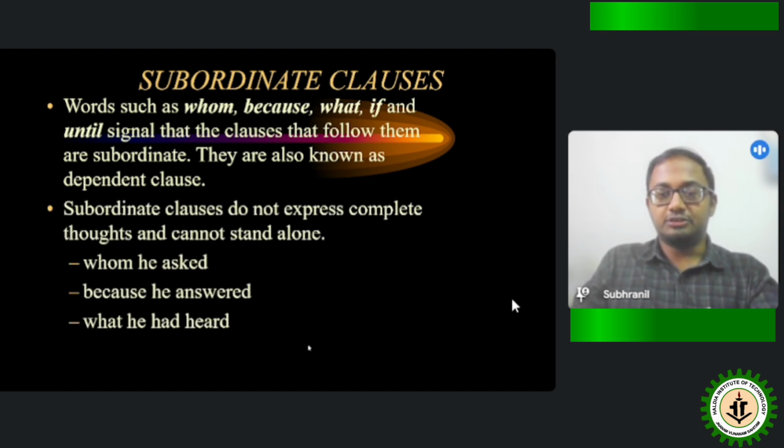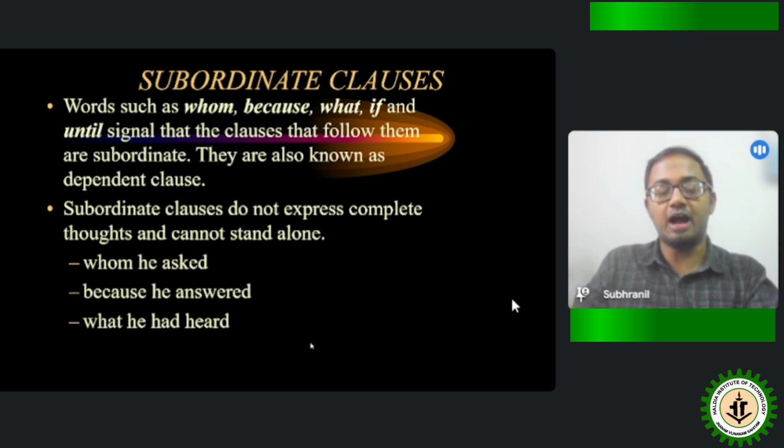Subordinate clauses do not express complete thoughts and cannot stand alone. Like you can see in the examples, whom he asked. We are using whom he asked. So somehow there is a gap of the thought which is not clear, which is not conveyed properly.